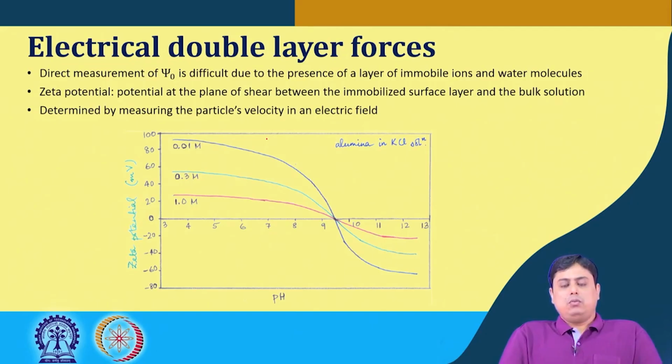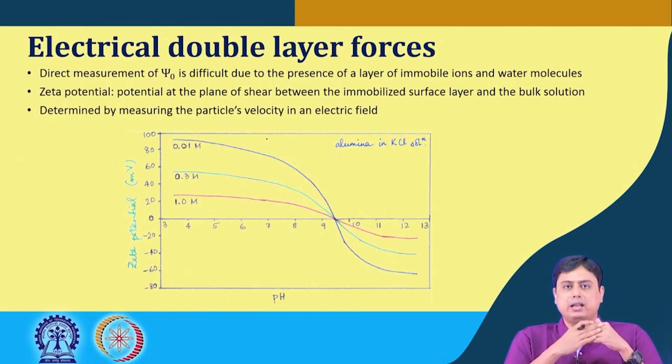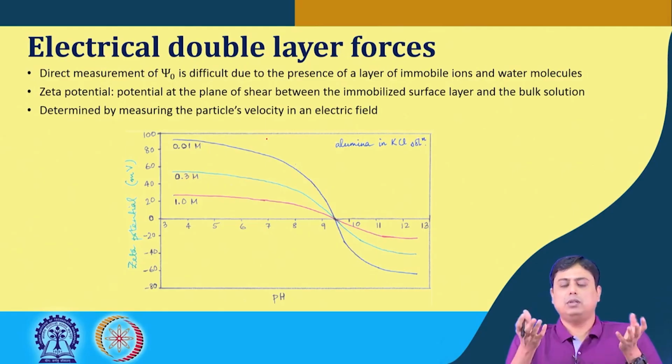Instead, we measure zeta potential, which is the potential at the plane of shear between this immobilized ion surface layer and the bulk solution. The distance between the actual surface and this ion layer surface is about a few angstrom, so it provides a near accurate measure of the surface potential as well. This zeta potential can be measured by measuring the velocity of the particles under an electrical field.